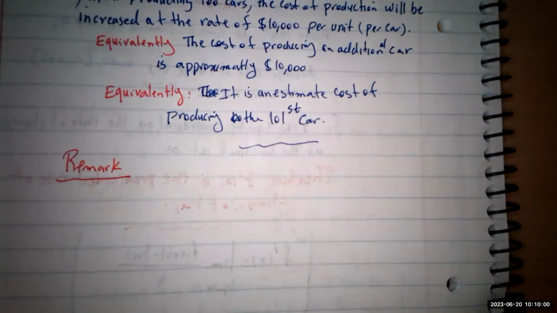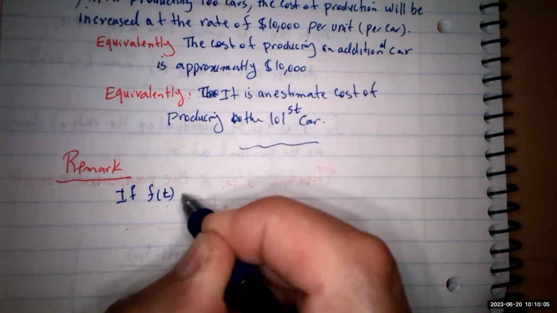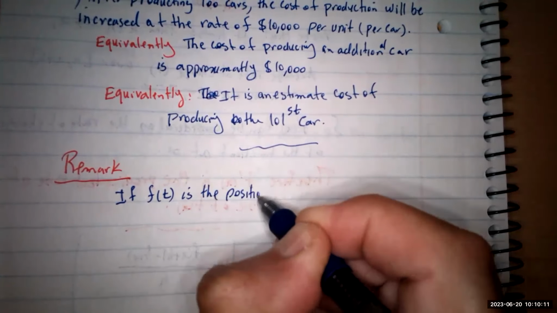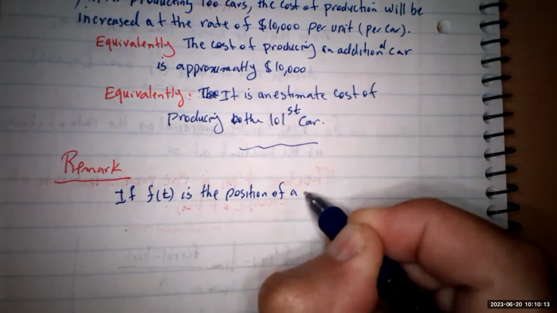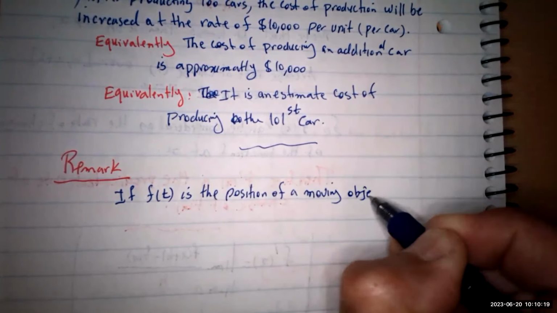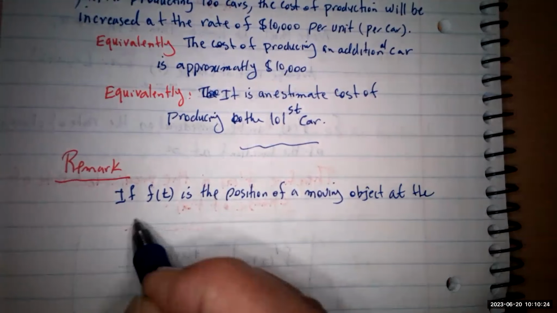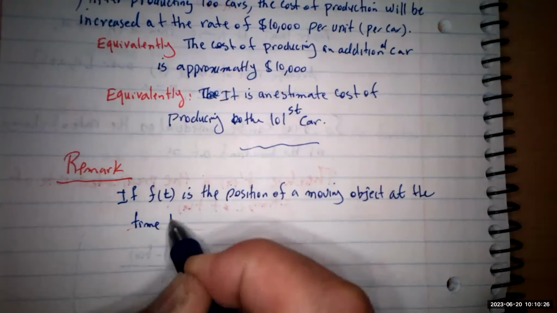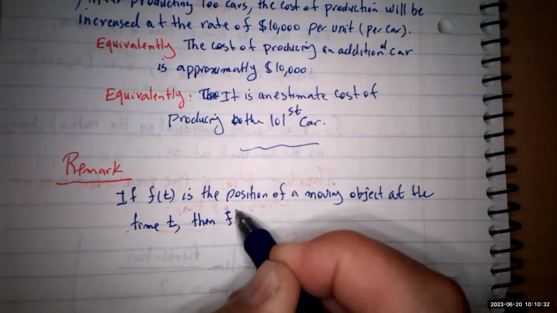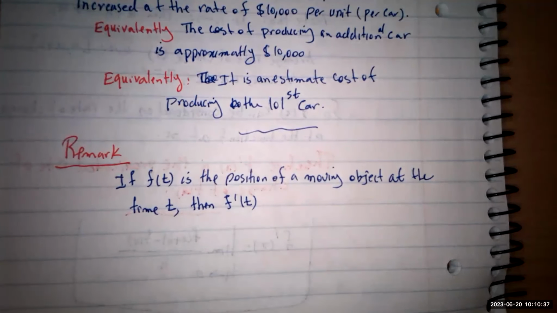If it's a moving object, and f of t is the position of a moving object at time t, then f prime of t is just the velocity, or sometimes we say instantaneous velocity.